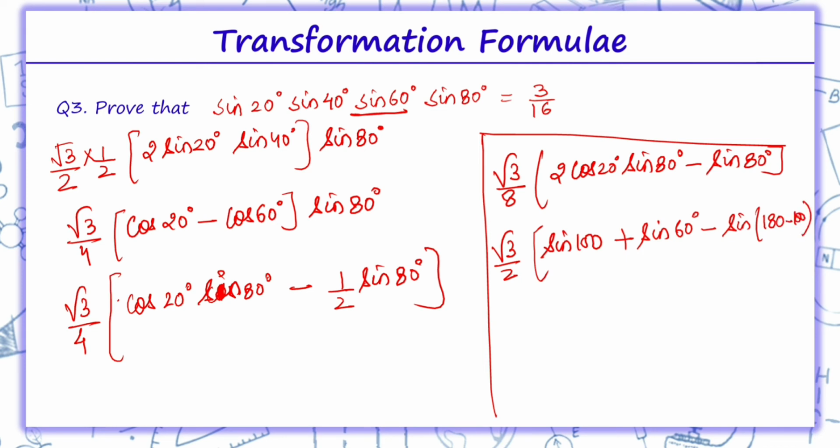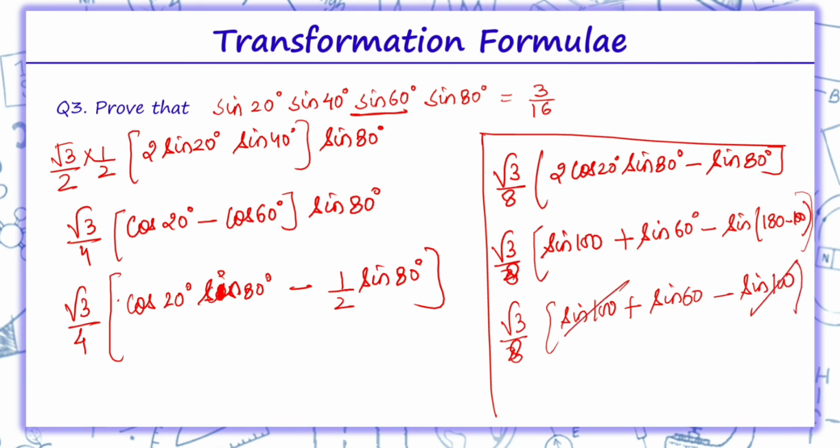Since 180 minus 100 falls in the second quadrant, and in the second quadrant sin is positive, it is written as sin 100. So here it is root 3 by 8 into sin 100 plus sin 60 minus sin 100. So this and this cancel out. Sin 60 is root 3 by 2, so root 3 by 8 into root 3 by 2 will be 3 by 16. Hence proved. So in these formulas, what we did is that the product is converted into sum or difference.